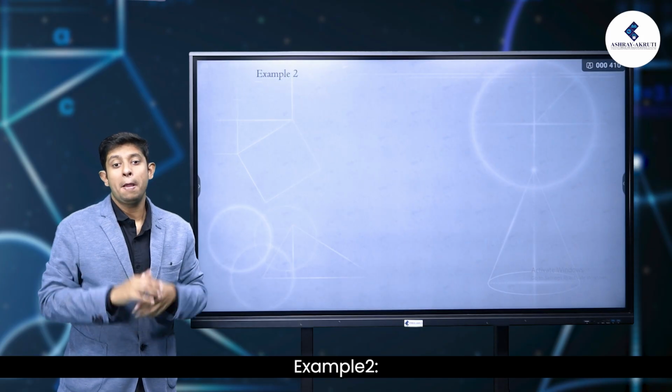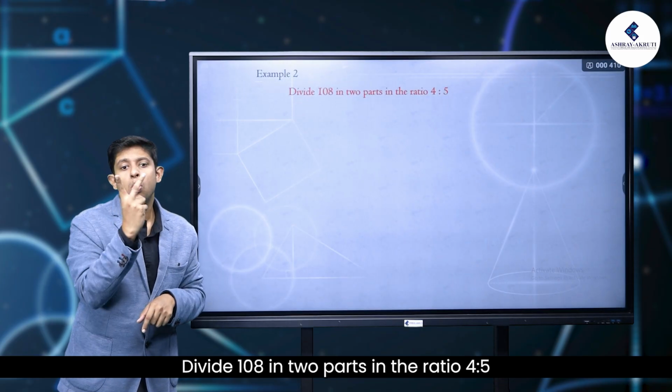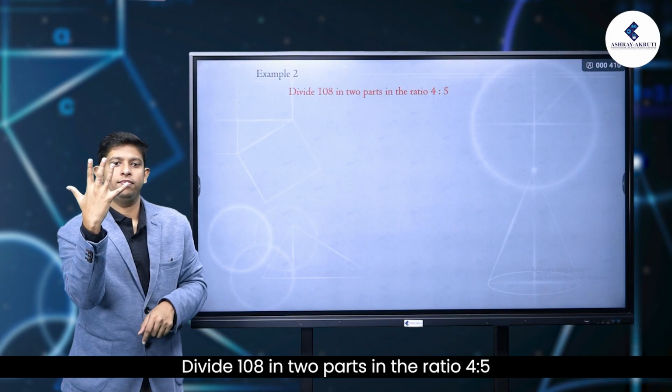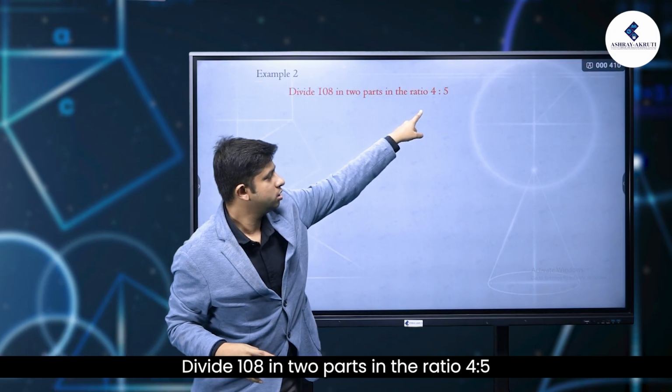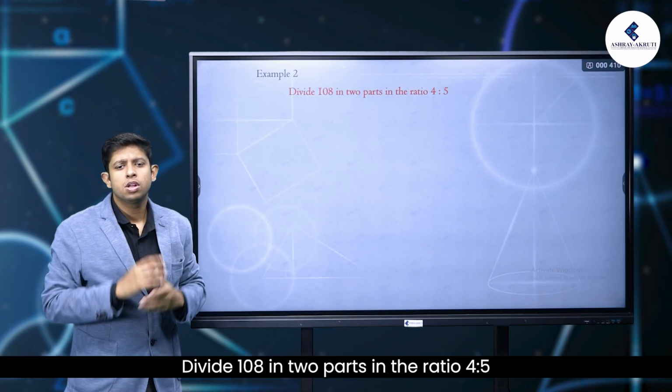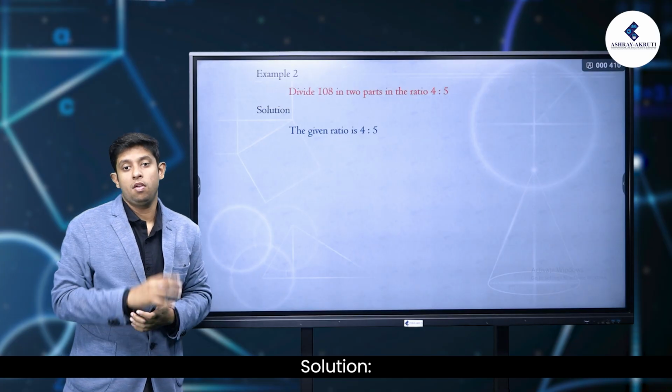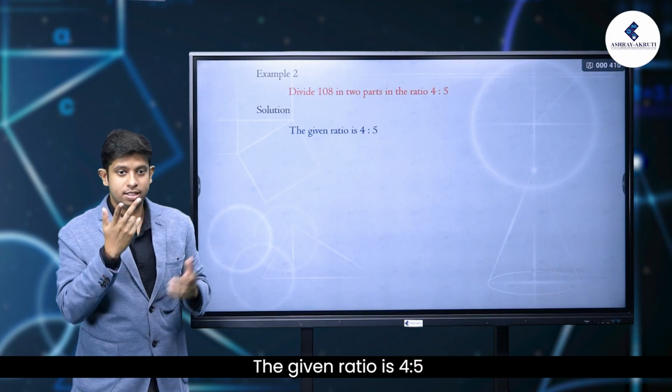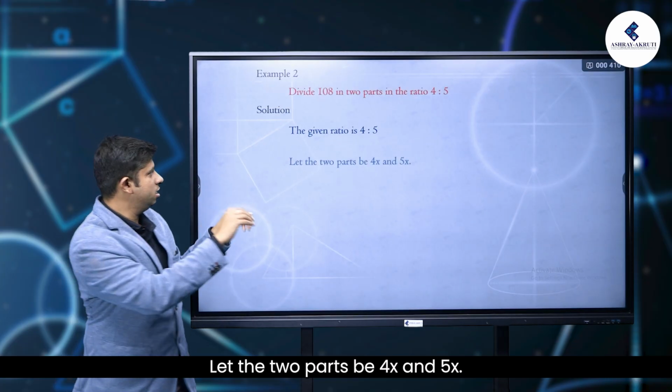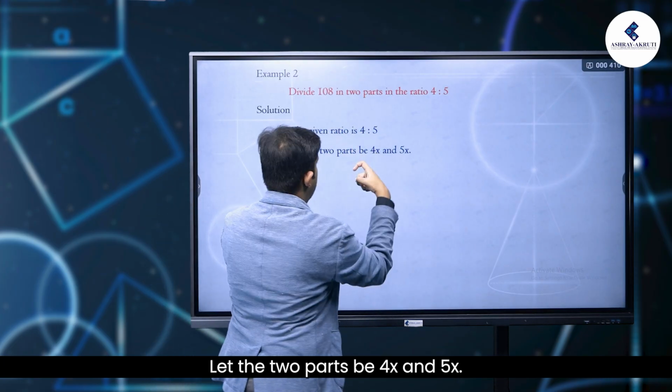Example 2. Divide 108 in two parts in the ratio 4:5. Solution. The given ratio is 4:5. Let the two parts be 4x and 5x.